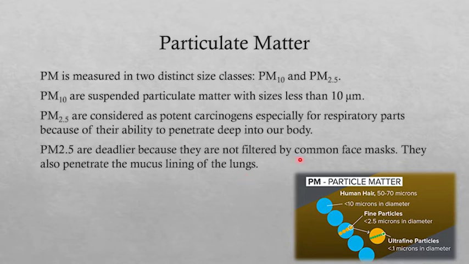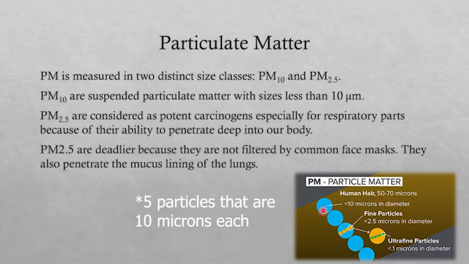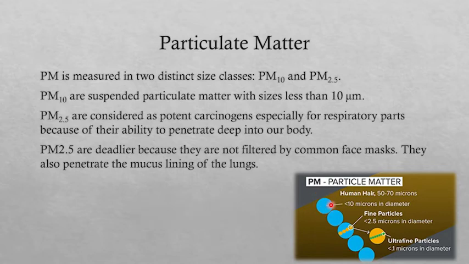To visualize the size of such particulate matters, we have an illustration here. This brown part is actually human hair, which measures around 50 to 70 microns. Let's say, for example, that the width of this human hair is 50 microns. That means that we can fit 10 particles with 10 microns in diameter. Therefore, the largest particle size possible in PM10 is 5 times smaller than the diameter of the human hair.